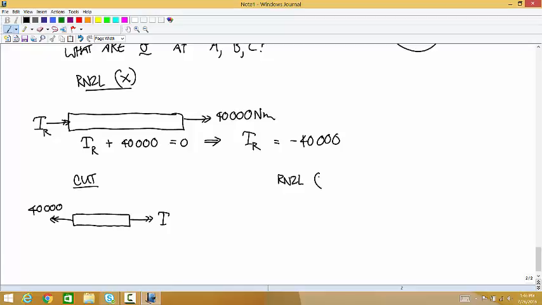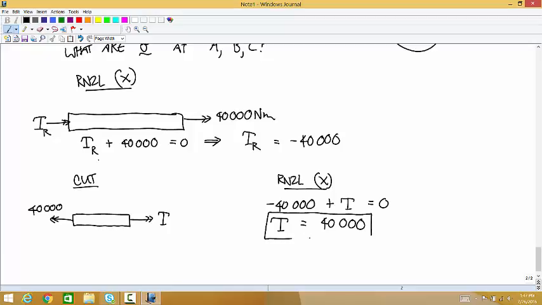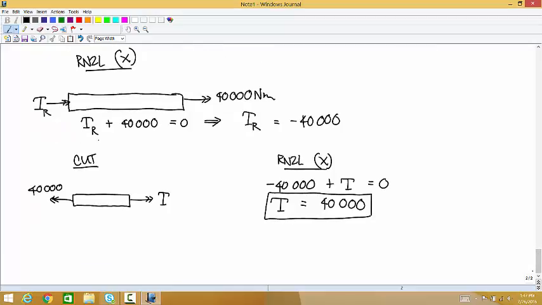Rotational Newton's second law about the x-axis says negative 40,000 plus T is equal to 0. So T is equal to 40,000. Okay, so that's the internal torque. And probably a lot of you could have just eyeballed that from the start, but that's what it is.